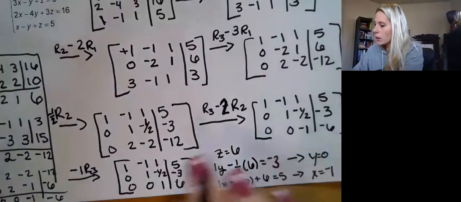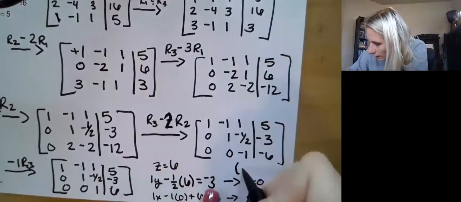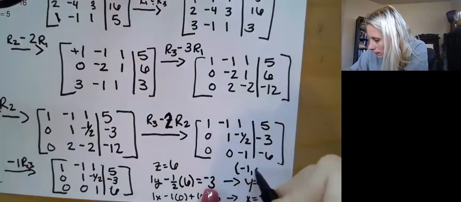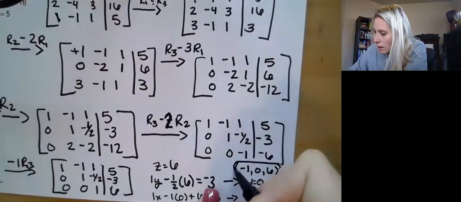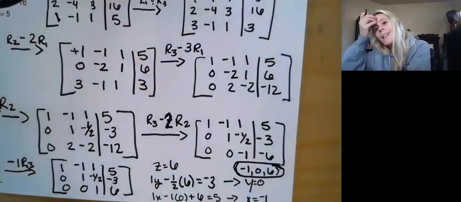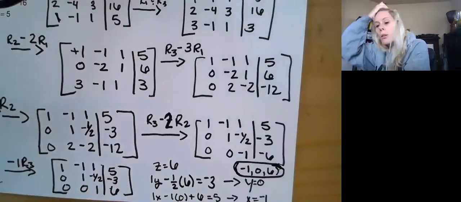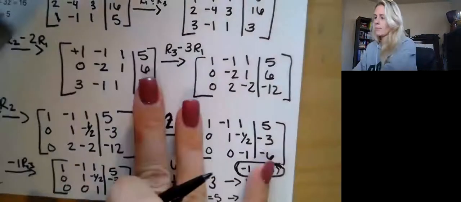So our answer is, and I know I'm running out of space, -1, 0, 6. So we did what we did in 6.2, but it's just a little bit more organized, okay?